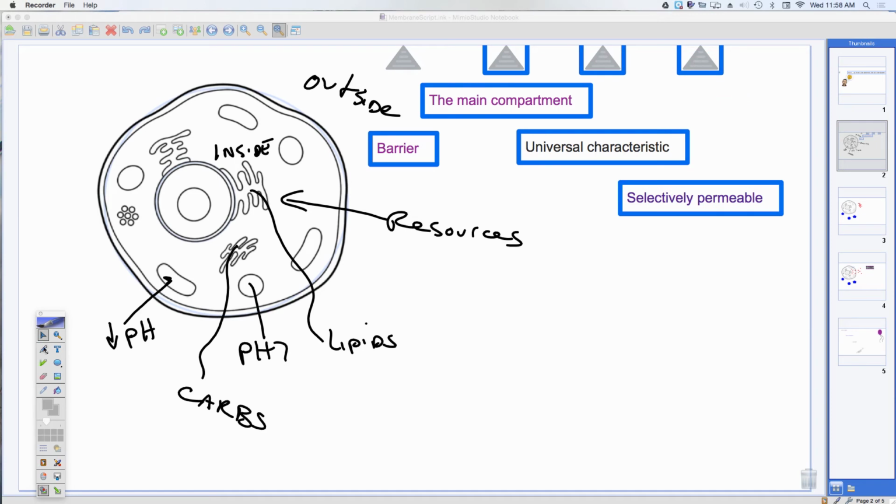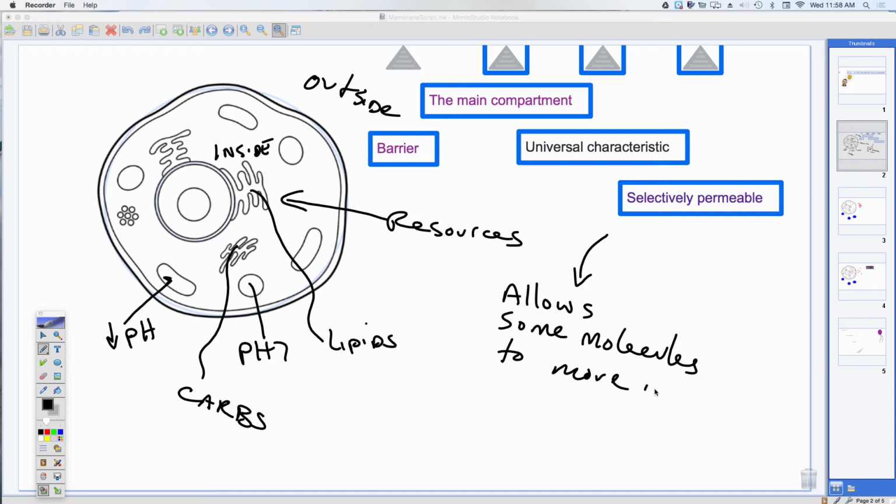And what that means is it allows some molecules to move in and out, while restricting the passage of other molecules.